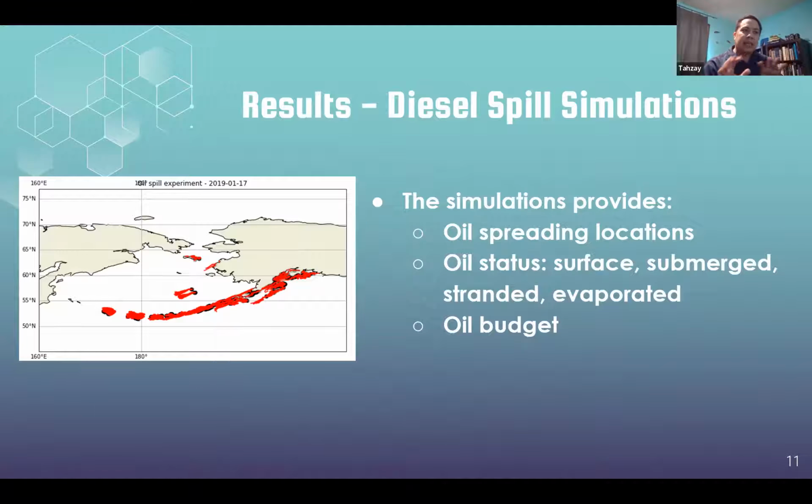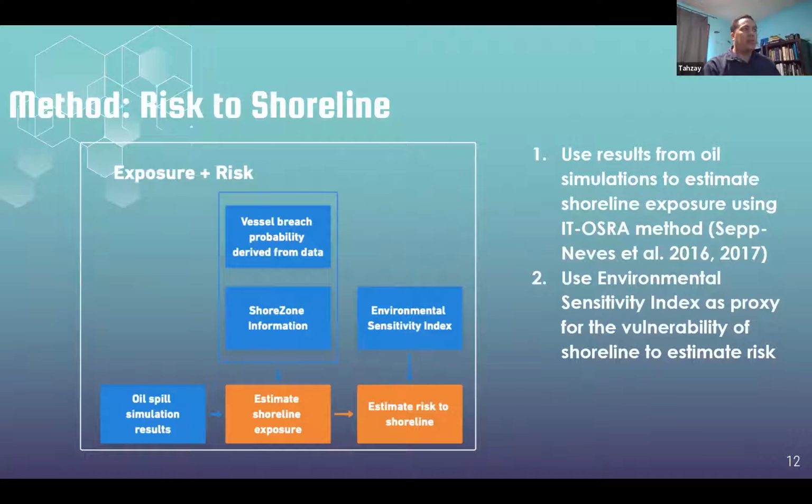So we could take that information and feed it into the risk to the shoreline, where we could look at the probability of the breach derived from that particular data.